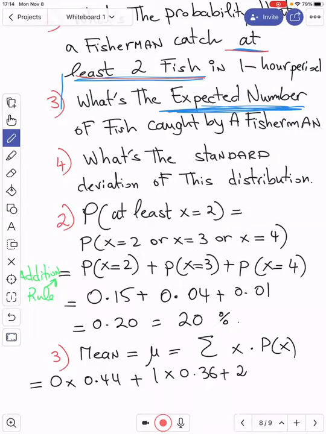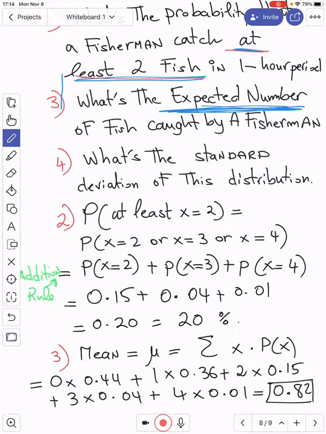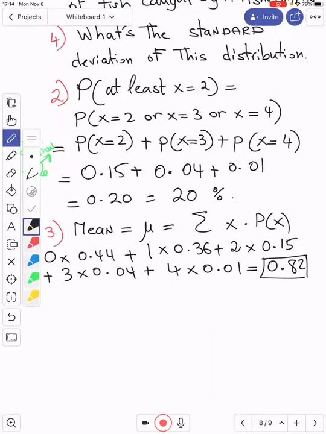Then x is 2, the probability that x is 2 is equal to 0.15, plus 3 times 0.04, and 4 times 0.01, and the answer is 0.82. Okay. And again, the interpretation here, so this number means, we expect.